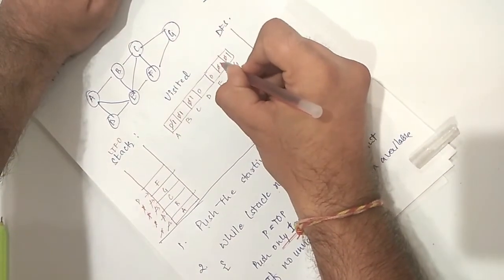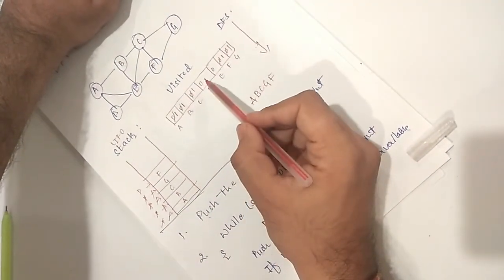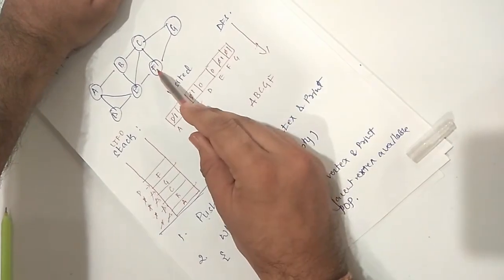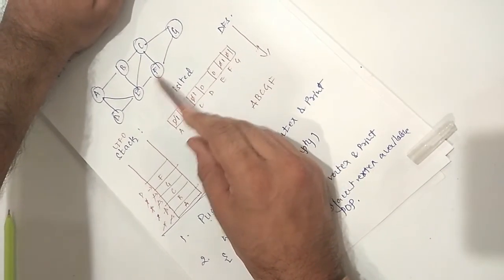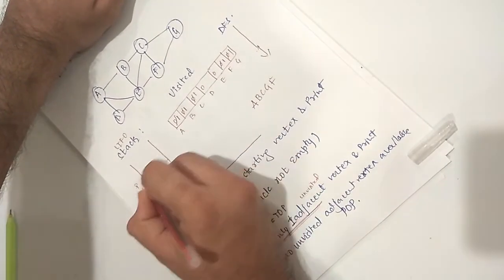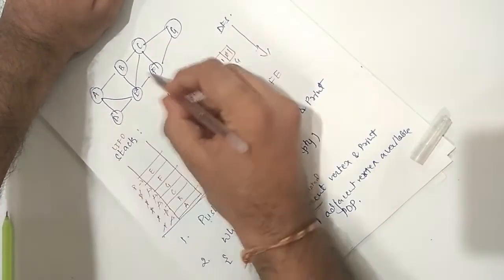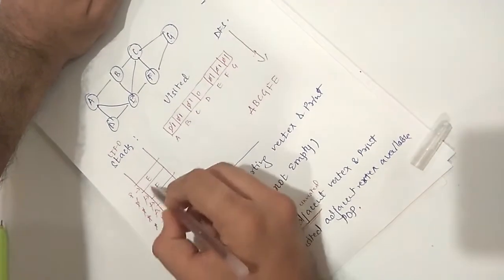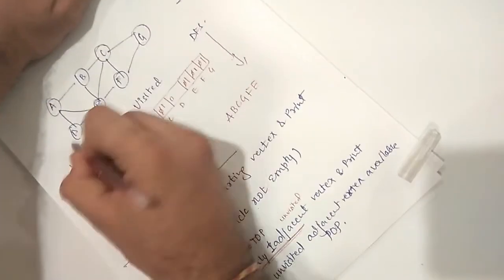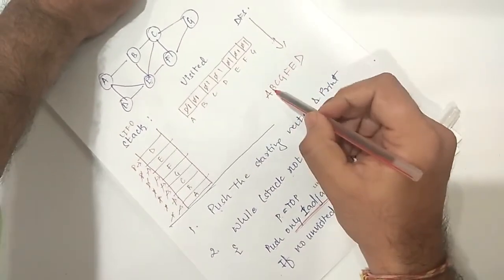Again I need to make it 1 over here. Still there are unvisited adjacent vertices available, so no need to pop. Next, unvisited adjacent vertex of F is E. So I am pushing E over here. Next, I am making it 1. Also I am writing E over here. Again next, stack is not empty. E, unvisited adjacent vertex is D. Making it 1 over here and writing it over here.